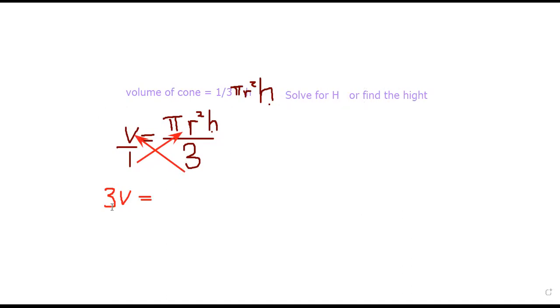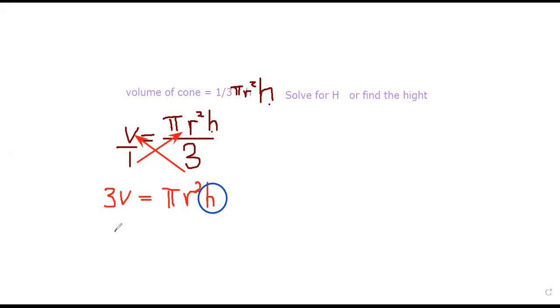3 times v will be 3v. 1 times pi r squared will be pi r squared times height. Now we want to solve for what? Grade 8, we want to solve for what? Height, yes. So I'm going to keep height and remove anything next to it. How are we going to remove it? We divide both sides by any variable next to h.